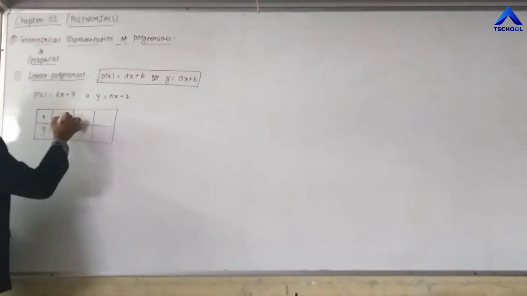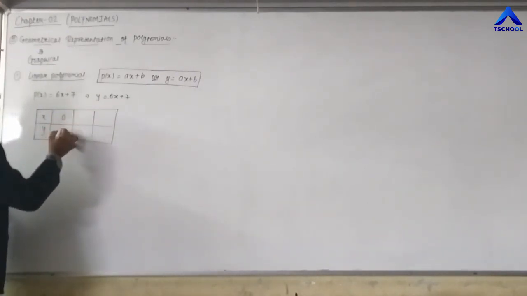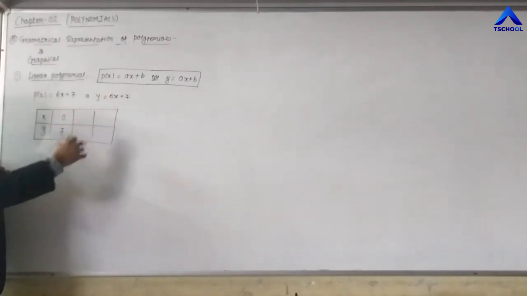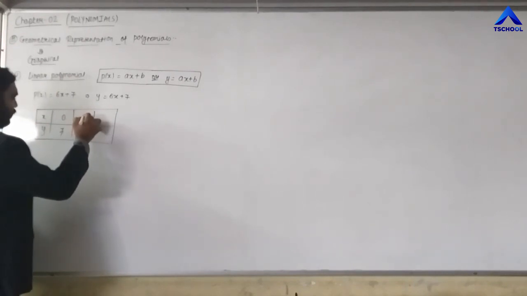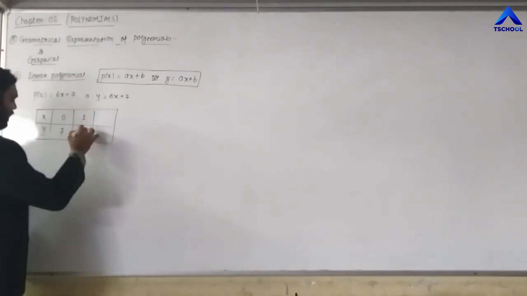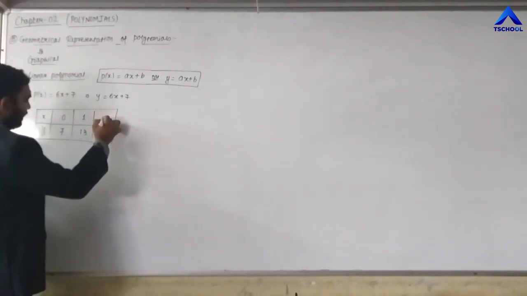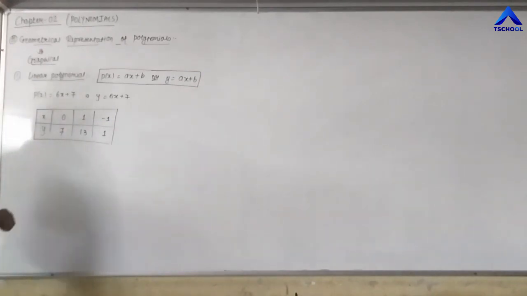If in place of x I put 0, then I shall get y equals 7. Note that 6 into 0 is 0, and y equals 7. In place of x, if I put 1, then I shall get y equals 13. And in place of x, if I put minus 1, then I shall get y equals 1.